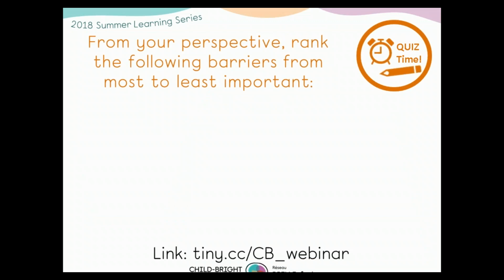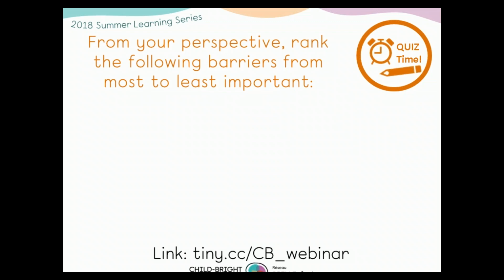All right. So another interactive activity we are going to consider. This is a two-part activity. In a few moments, I'll activate the link again. So please go back to the web page you had open, and here you are tasked with listing the barriers from least to most important.